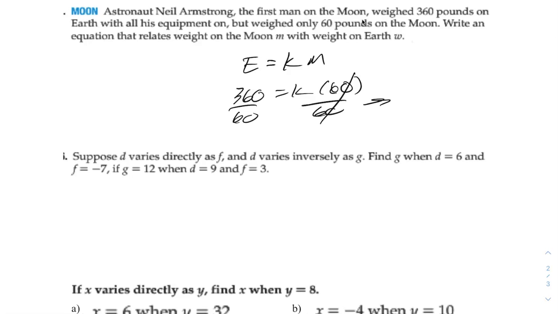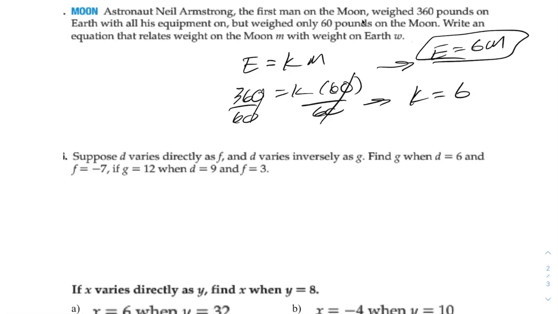These cancel out. I get k equals 6. These reduce. And then you just rewrite the equation. Earth is equal to 6 times the moon. I guess Earth should have been W. So Earth is 6 times the moon, relating the weight on the moon to the weight on Earth. So there we go.